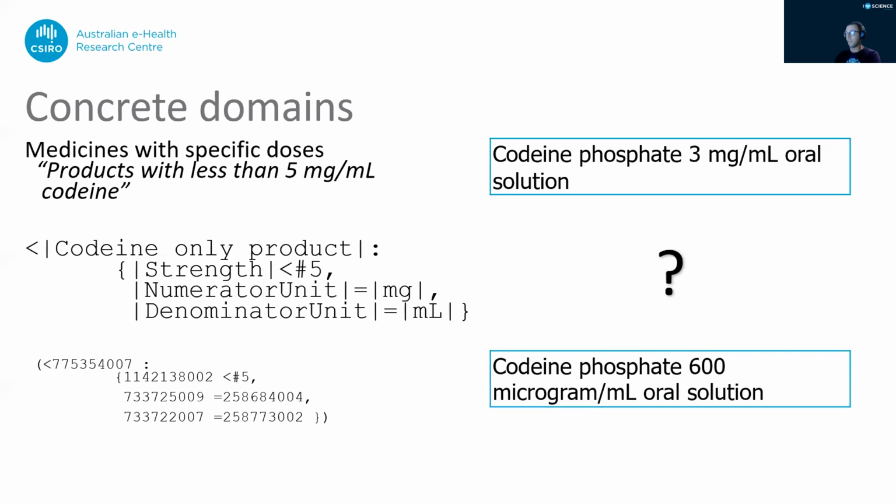But there's also this other concept that's 600 micrograms per mil. That's less than as well. So in this case, there's a couple of different units of measure being used for these concepts. You need to be aware of that and write the queries appropriately, to take advantage of all the units that are there.